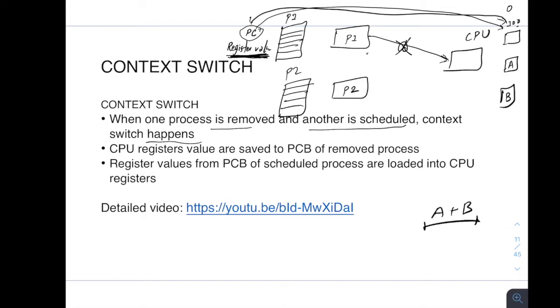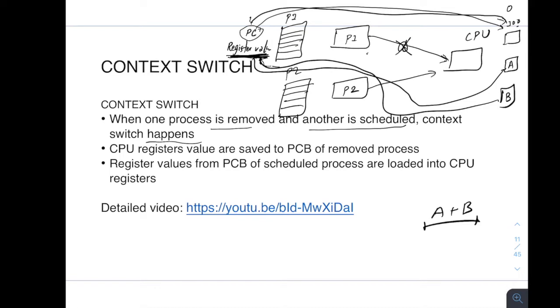At this time the context switch happened, so you also need to copy these values back to the PCB. That's why these registers are used: next time when P1 gets time, you can copy back the program counter and the register values, and start the execution from that instruction itself.